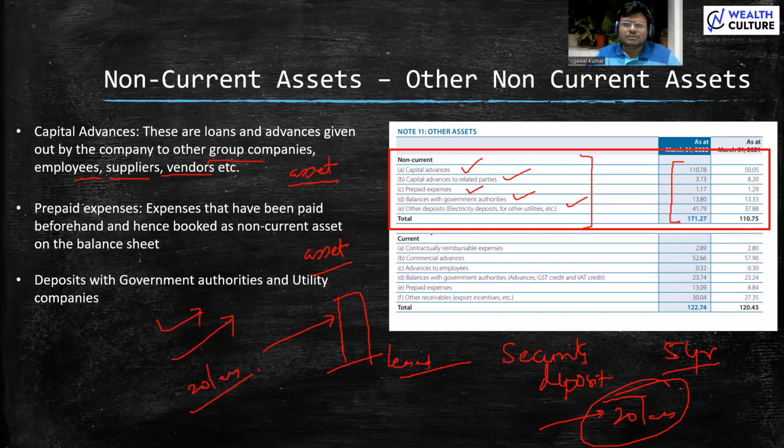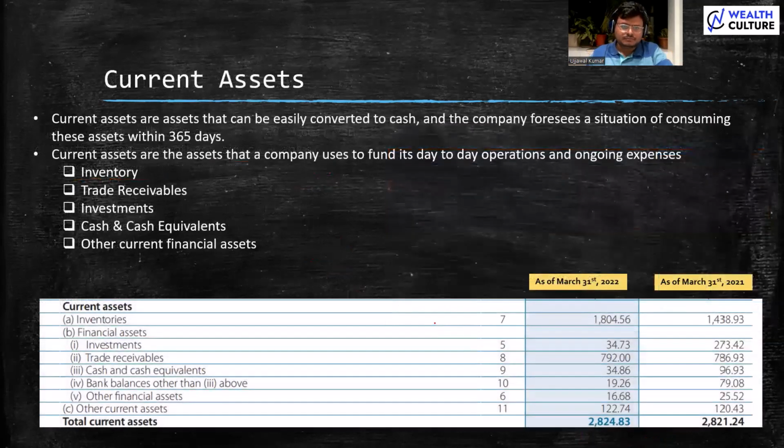So, basic stuff required to run the business. We also have current assets, which have a lifetime of less than 365 days. Again, almost the same line items we can discuss in the current section of the asset side.